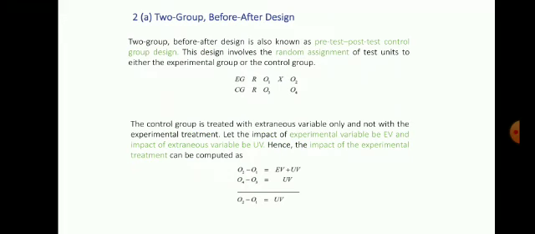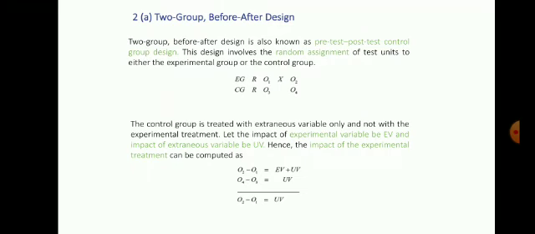First, two group before after design. Here, the test unit is assigned to the experimental group, which means respondents are allowed to be a part of an experimental group based on the process of randomization with the use of a random table.